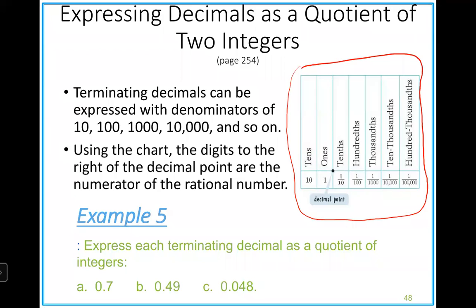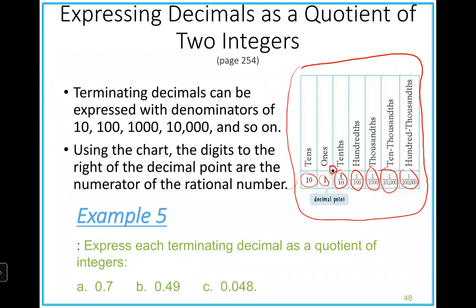So you see the table on the right. When we deal with decimals, that point separates the whole number from the decimal. The first place after the point is tenths, second is hundredths, third is thousandths, then ten-thousandths, then hundred-thousandths, and it goes on and on. Then, of course, to the left of the point, you have ones, tens, hundreds, thousands, and so on.